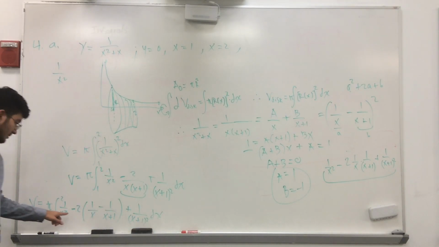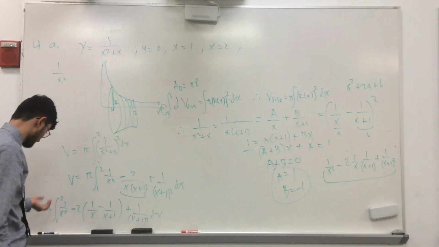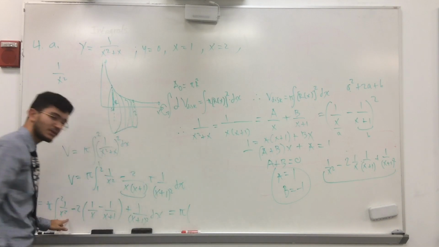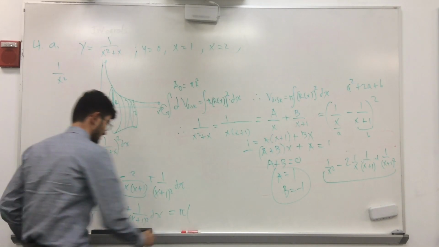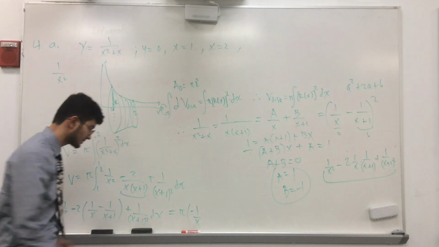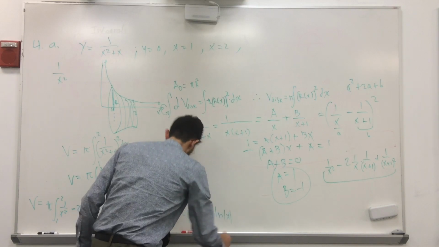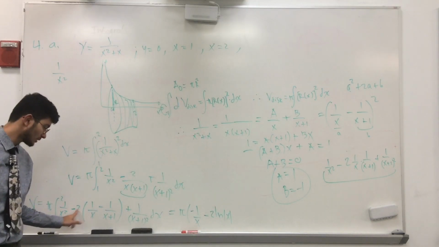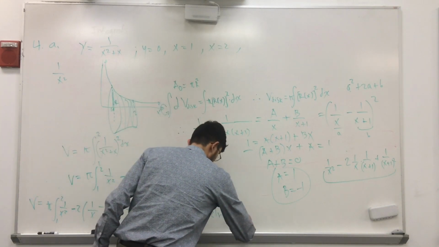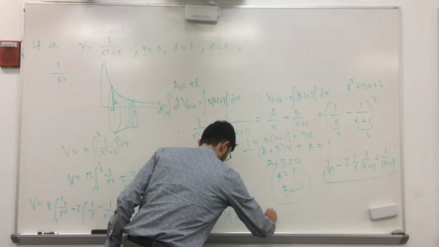All right, look at this. We can already solve this. This is pi times the integral of 1 over x squared, which is just negative 1 over x. The integral of negative 2 over x is negative 2 ln absolute value of x. The integral of negative 2 times negative 1, which is 2 over x plus 1, is just plus 2 natural logarithm absolute value of x plus 1.